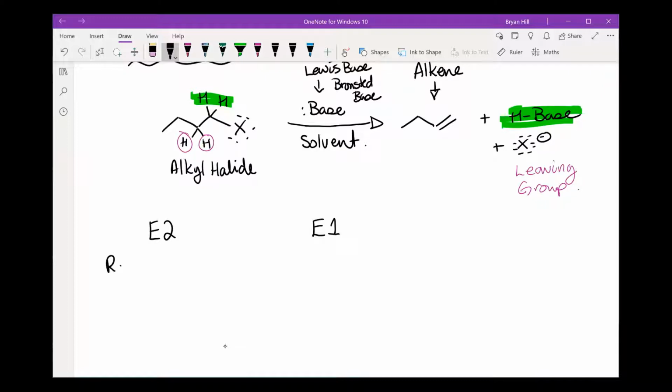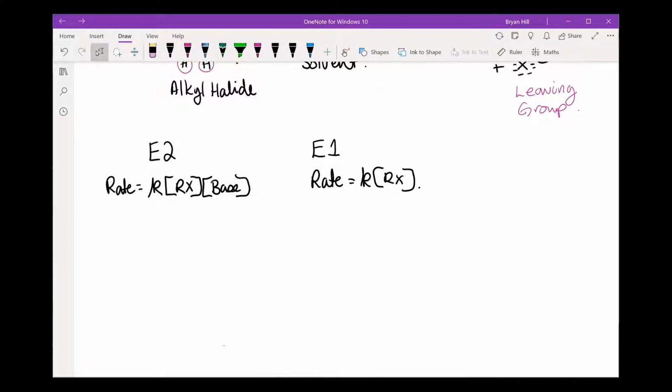The rate in an E2 is some rate constant times the concentration of the alkyl halide and the concentration of the base, whereas the rate in an E1 is only dependent upon the concentration of the alkyl halide. And so the E2 is a bimolecular reaction. It requires the two substrates to hit each other, and E1 is unimolecular.